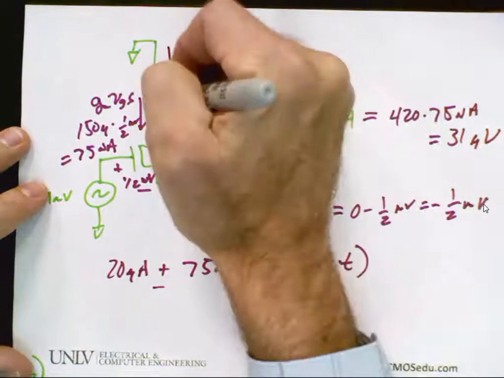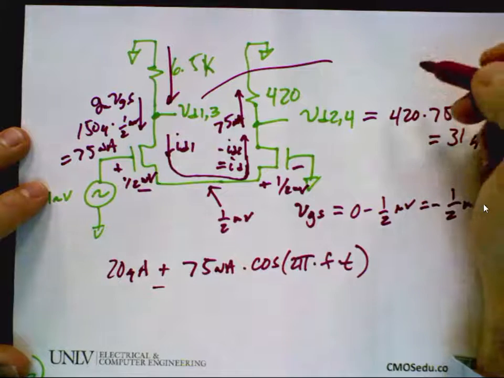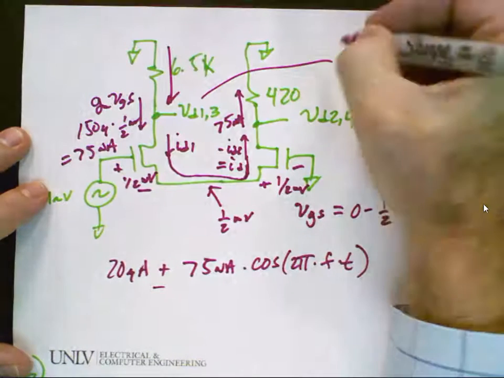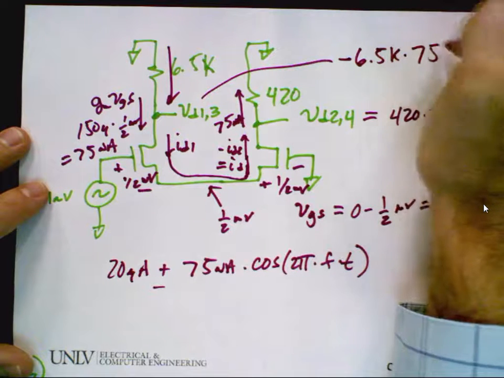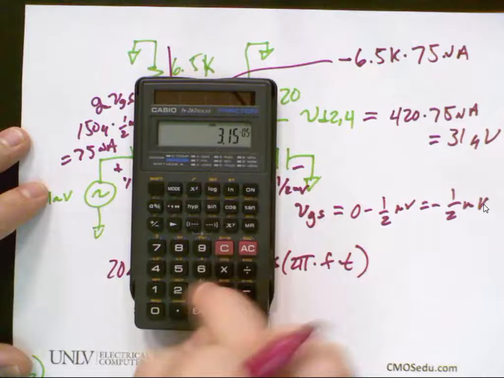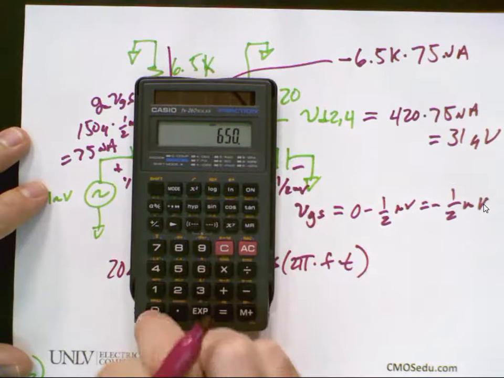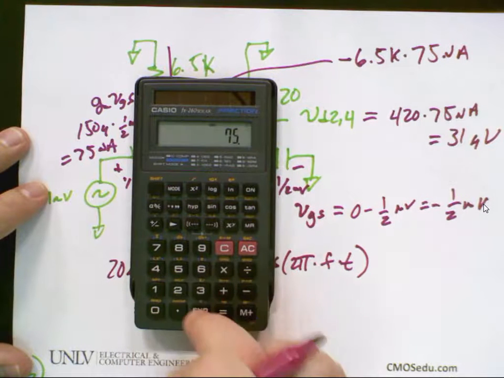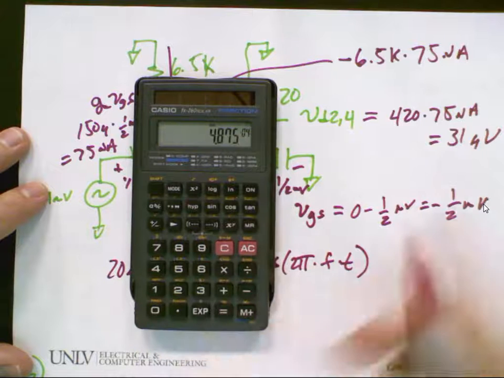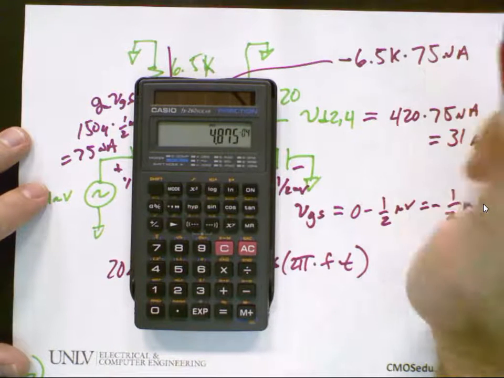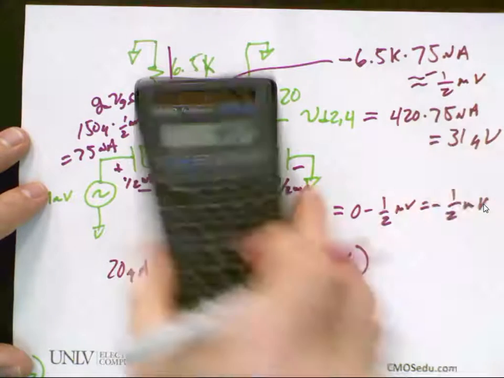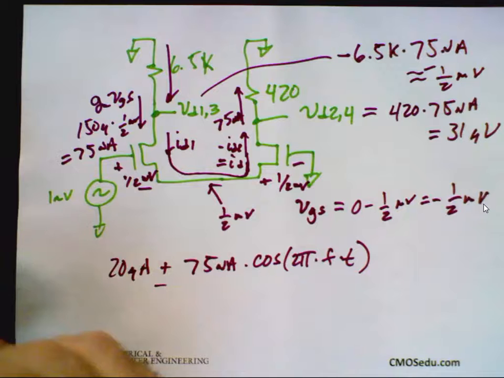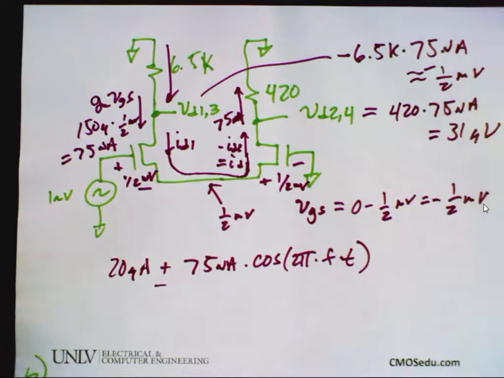The current's flowing backwards through there, so the current's going up from ground. So that's equal to minus 6.5K times 75 nanoamps, which is 6500 times 75E-9, change sign, equals about 1/2 millivolt roughly. Done. Any questions?